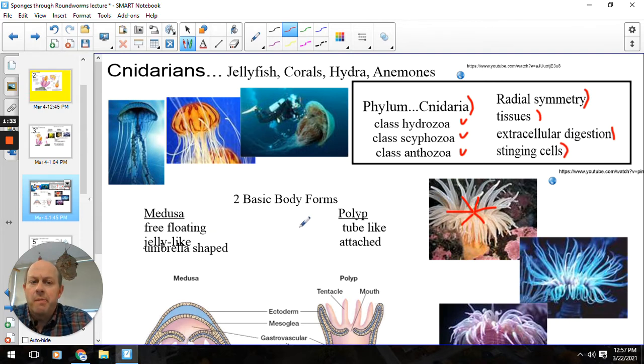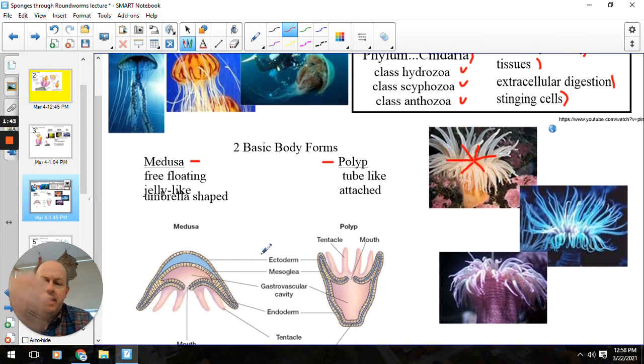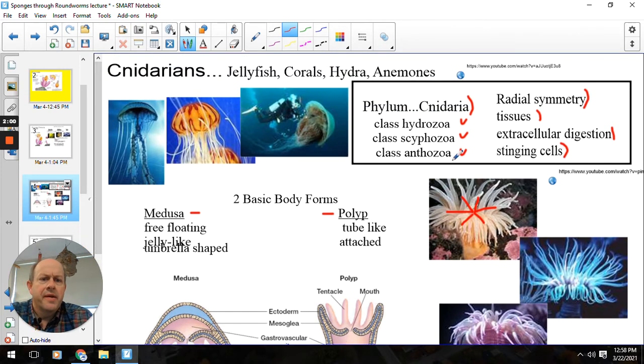Our body forms come in two different kinds here. We have what's called the medusa or the polyp. A polyp is when we're attached at the bottom and the tentacles go upwards. Attached at the bottom, tentacles go up. This is very common in our anemone groups, for example, our Anthozoans.